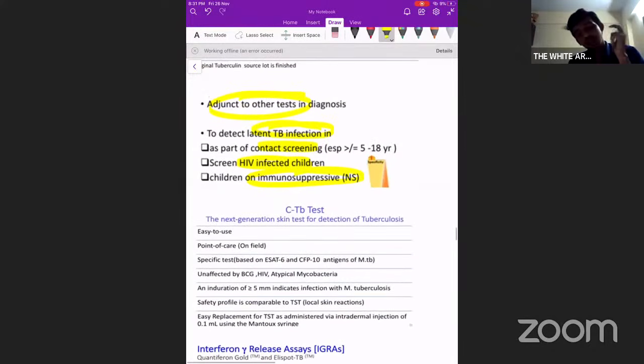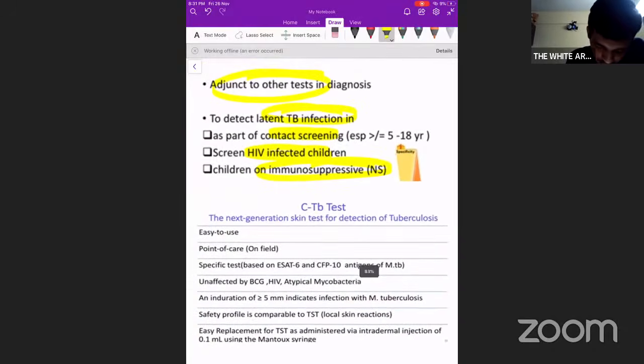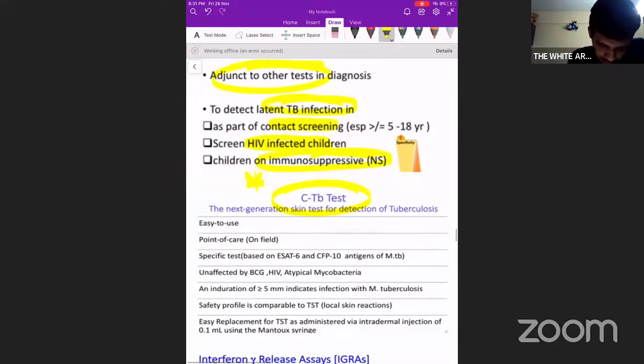And this CTB test is a newer test that is being recognized by the Indian government, but it has still not come into any of the government labs. But in the US and elsewhere, it has been recognized and given approval. So this is again one of the recent developments.